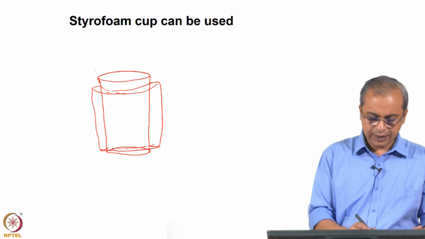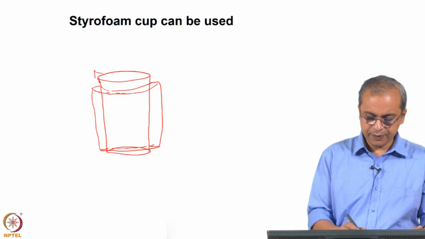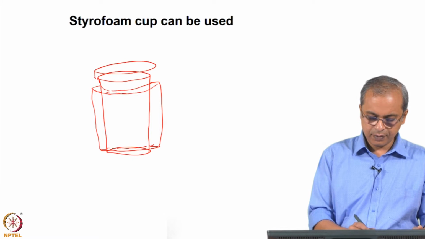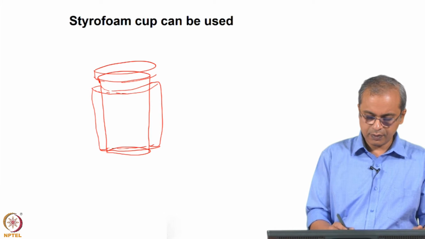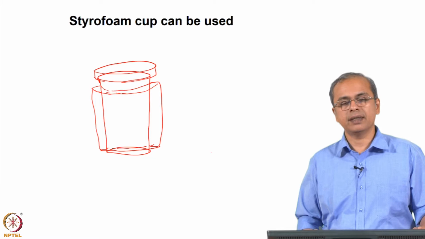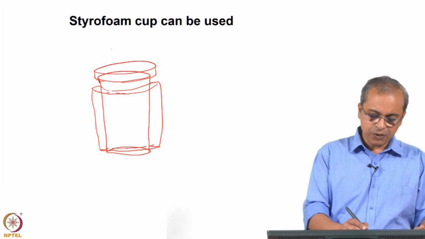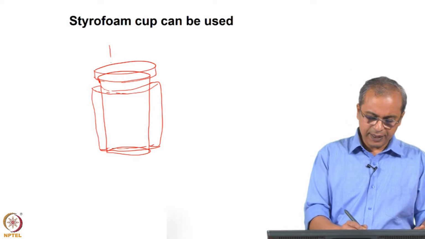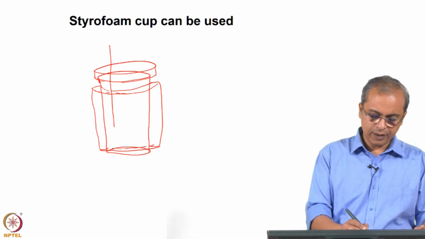Naturally you have to have some kind of a lid on top, which also adds to the insulation, and in this you have primarily two things going into it.